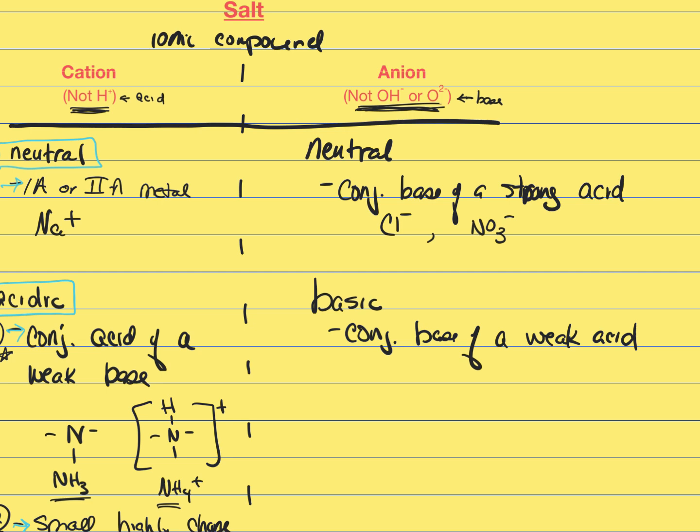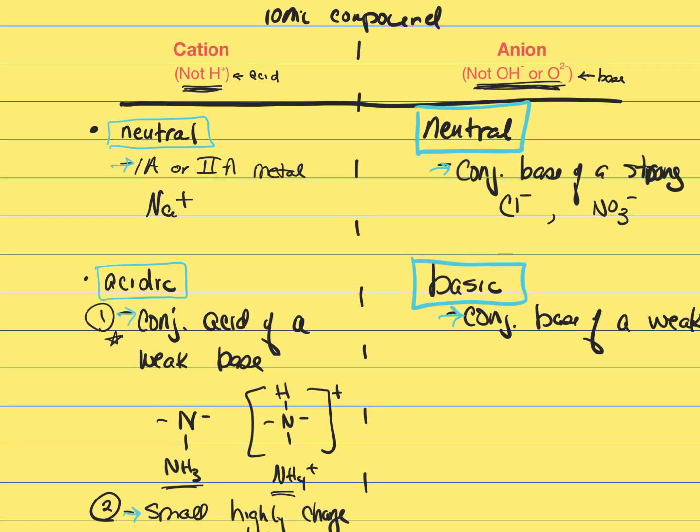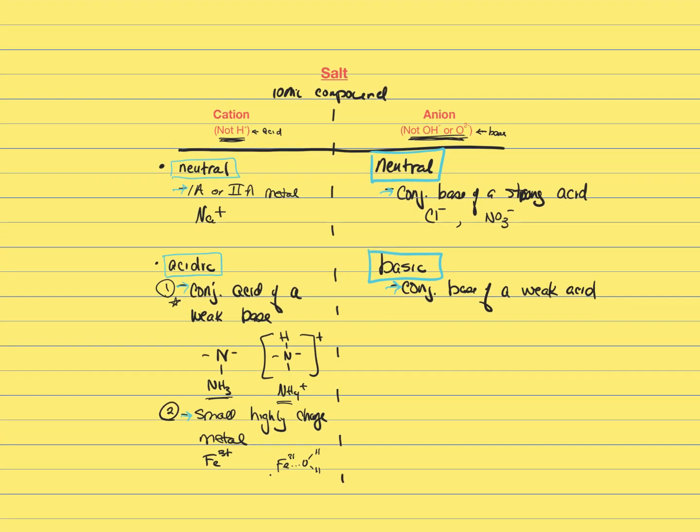All right, so now we know whether or not an anion is neutral or basic. We have fewer things to qualify them than we had over here with the cations. So now we can look at a salt, examine the cation, and know whether it's neutral or acidic. We can examine the anion and know whether it is neutral or basic.